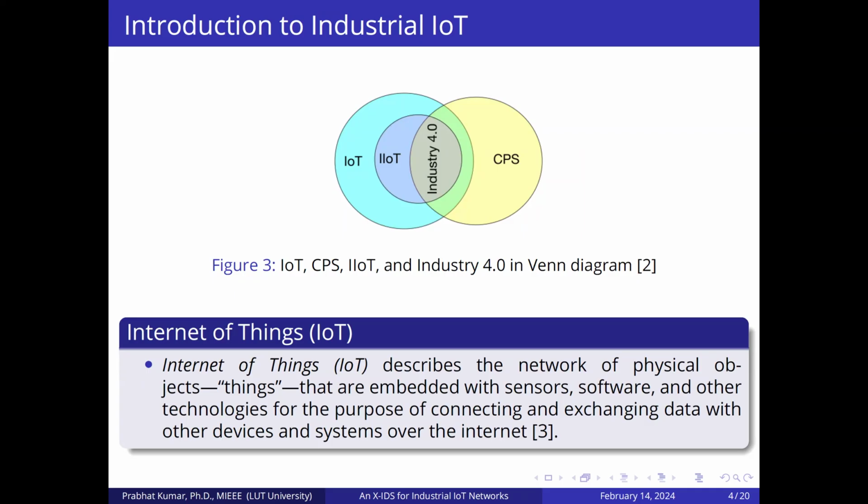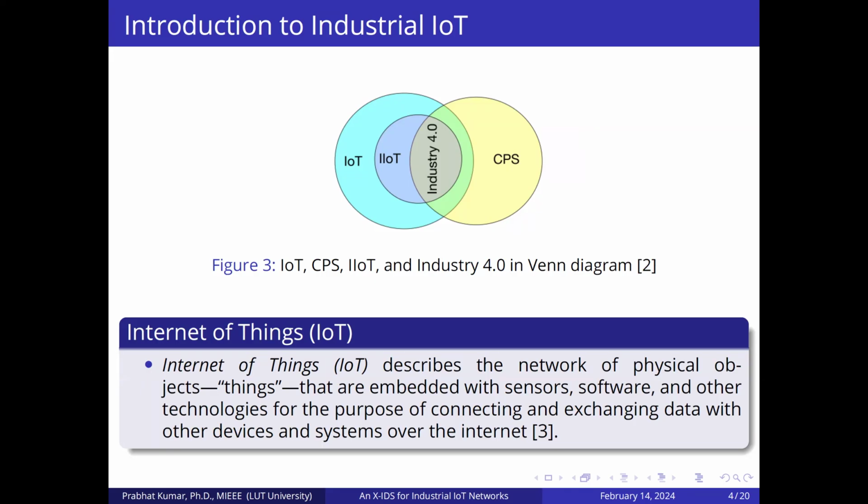And these sensors are embedded with some software which collects the data in real time, and then it converts that data into analog or digital format, and then it transmits that data to the cloud or to the nearby edge, to the nearby devices, where actually it can make some decisions. And this whole connection is being done over the internet. So you are connecting some devices with the internet to collect some data, in simple terms. So this is all about IoT.